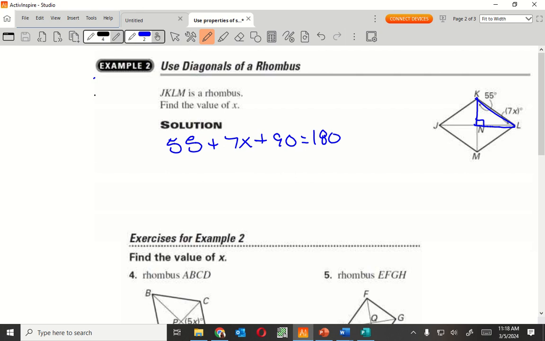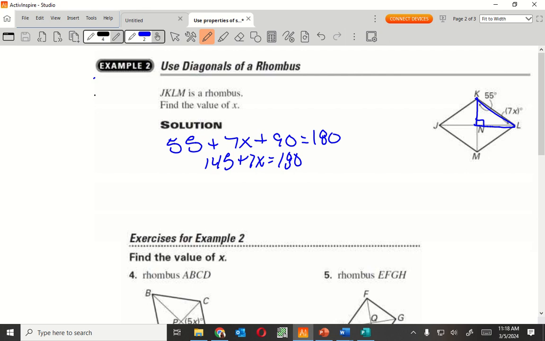Okay, we're going to combine like terms, so add common terms together. So it's going to be the 55 and the 90. I combine those together, I get 145 plus 7x equals 180. And I got to get rid of this 145. Isn't that a positive 145 right there? I have to subtract it. Very good.